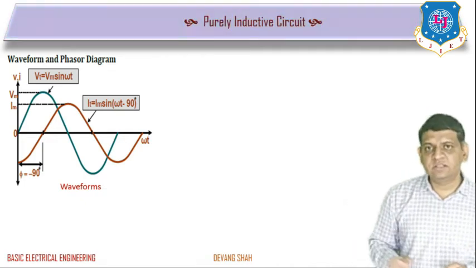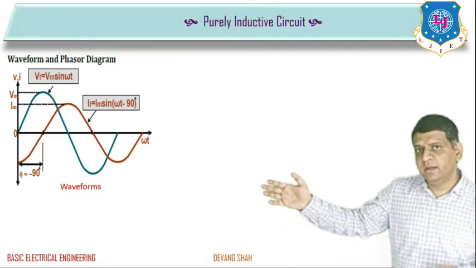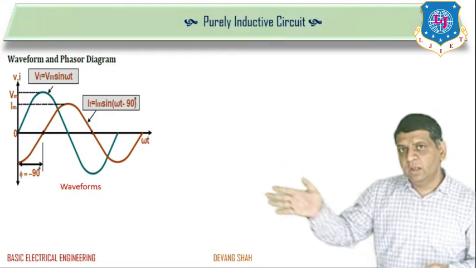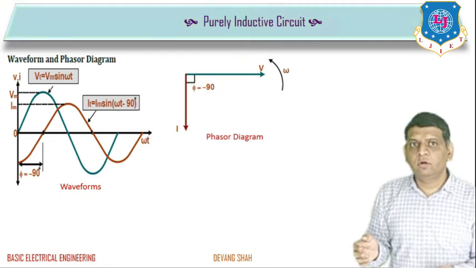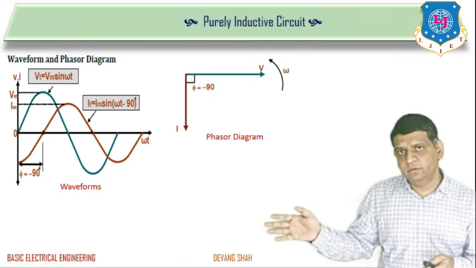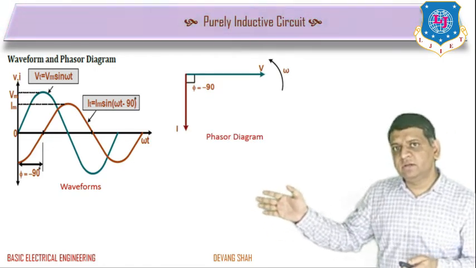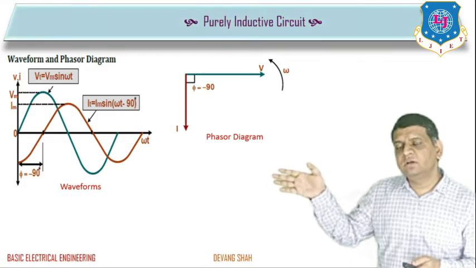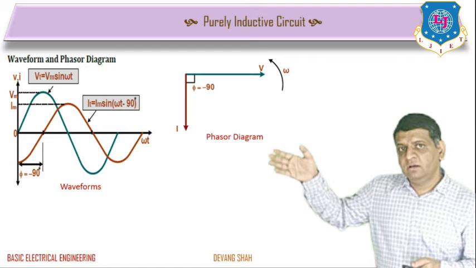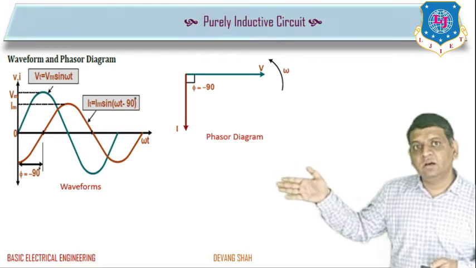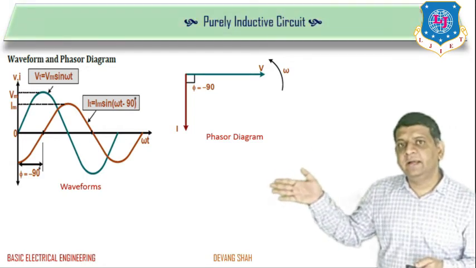You can see from this waveform where voltage starts at angle 0 and current starts at angle 90, right? From this you can also observe the phasor diagram where the voltage and current vectors are moving in anti-clockwise direction. Voltage starts at angle 0 and current starts at angle minus 90, right?